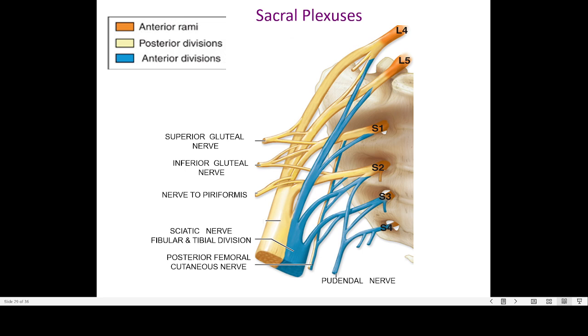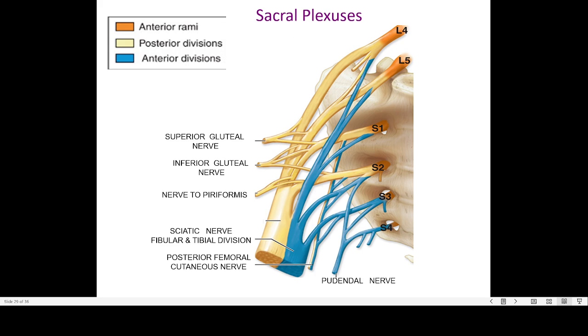So in this sacral plexus again, these ventral rami unite, form a network and divide into anterior division and posterior division. So remember, the ventral rami unite to become a network that divides into anterior and posterior divisions.